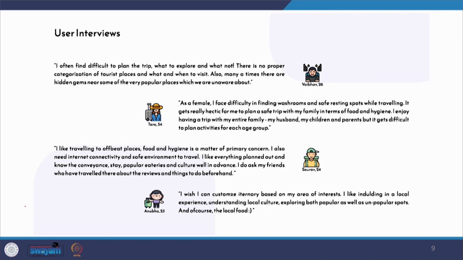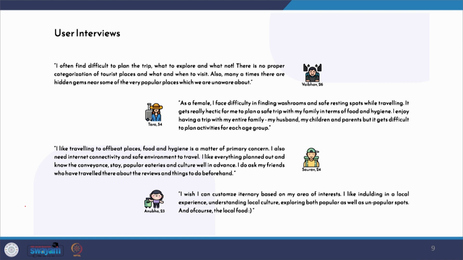So there is no categorization of tourist places, what and when to visit. The other female traveler says that I find difficulty to find washrooms and safe resting spots while traveling. So it gets hectic to plan a safe trip. Here we can see, for her the hygiene is very important, identifying washrooms is very important, planning a safe trip with the family is very important.